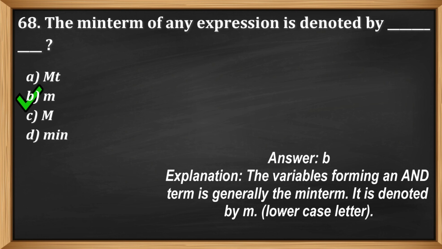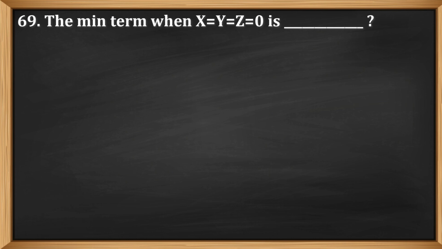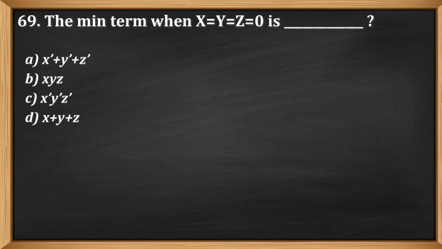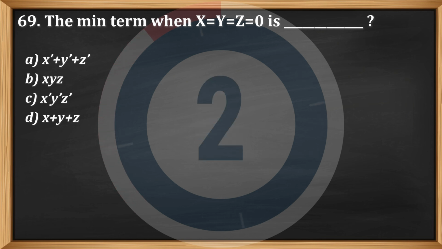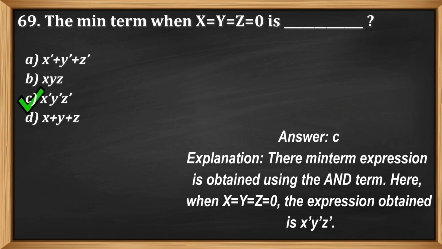The min term of any expression is denoted by option B, a small m. The min term when x is equal to y is equal to z is equal to 0 is option C, x naught, y naught, z naught.